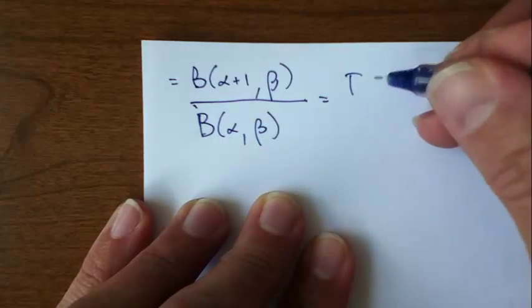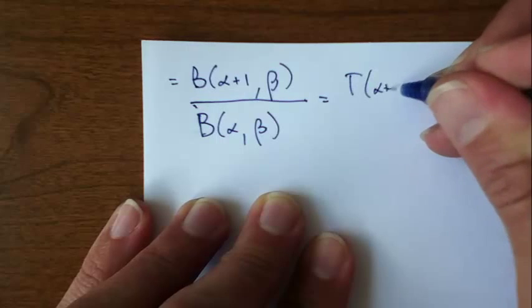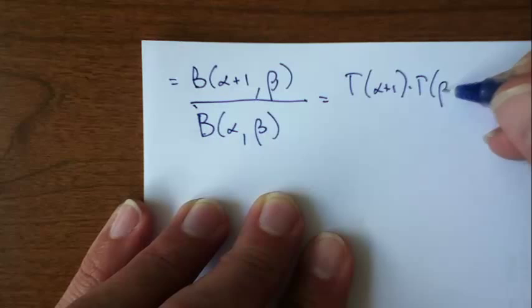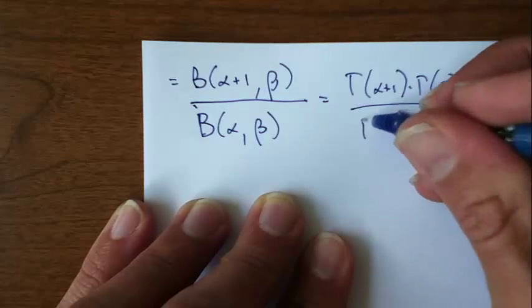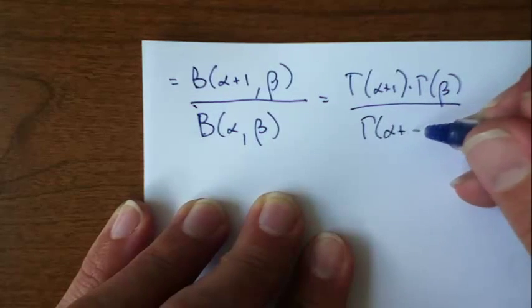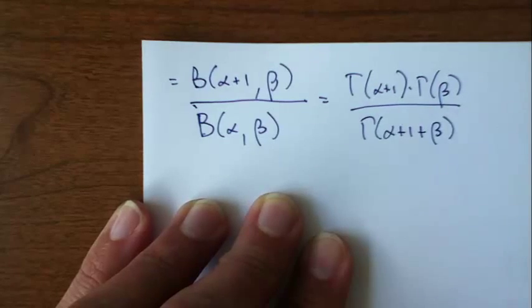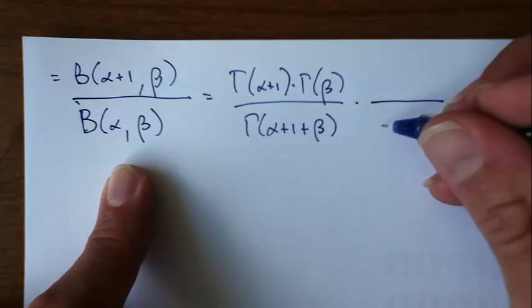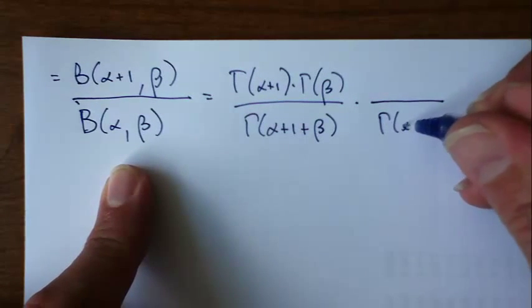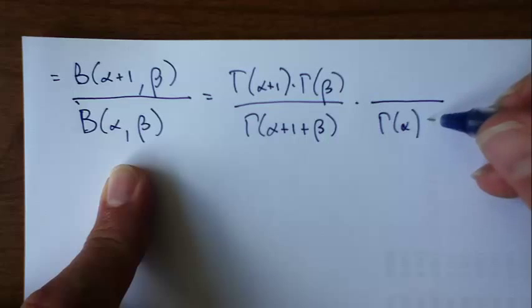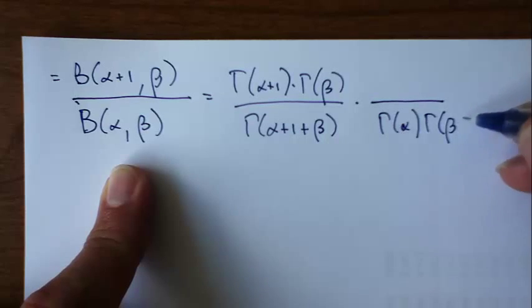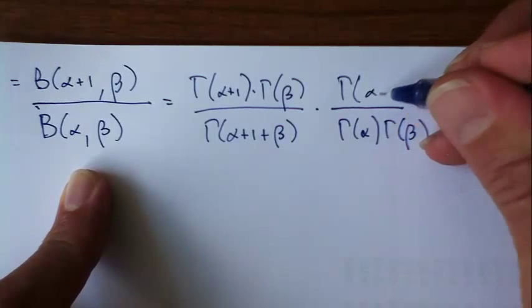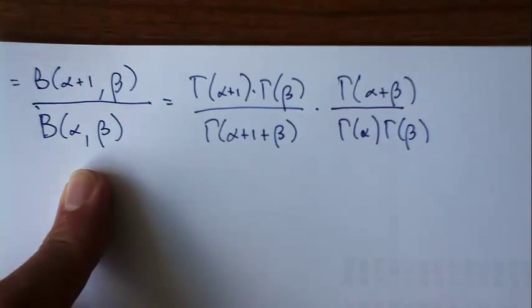Using the gamma expressions, this is gamma of alpha plus 1 times gamma of beta all over gamma of alpha plus 1 plus beta, times, down here, gamma of alpha times gamma of beta. And then on the top, I'm going to have gamma of alpha plus beta, right?